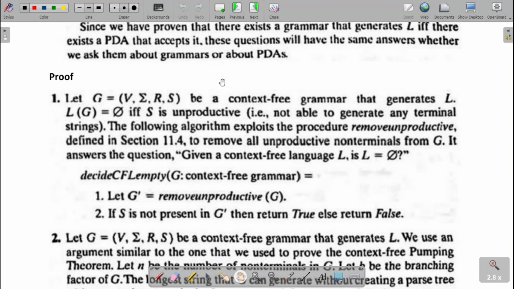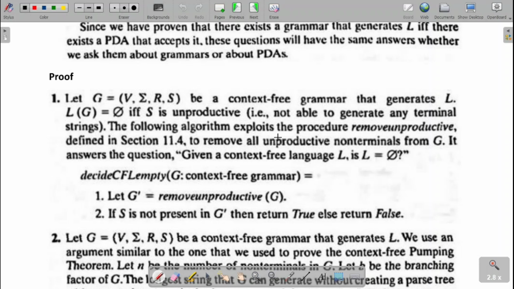We are not able to generate any terminal symbols. So for this, we learned the algorithm of removing the unproductive symbols, meaning the productions which won't lead us to the final state.